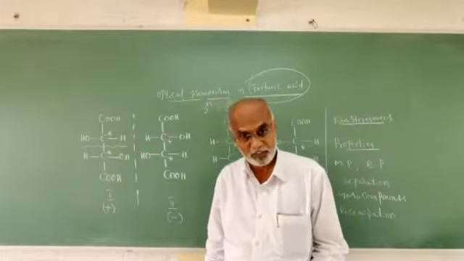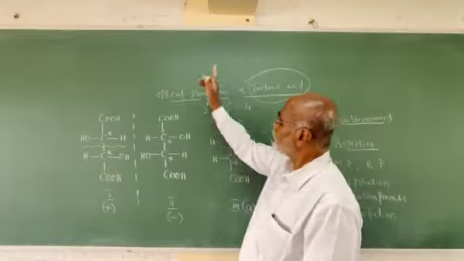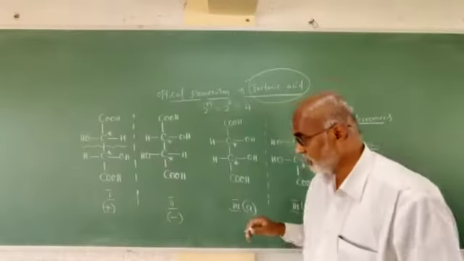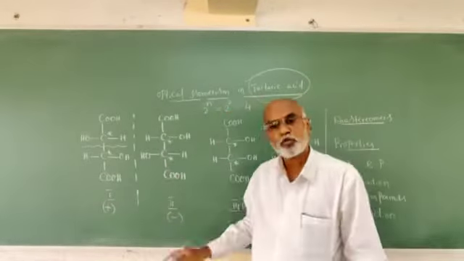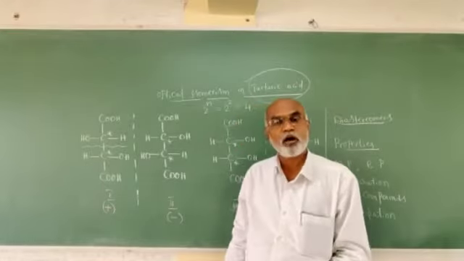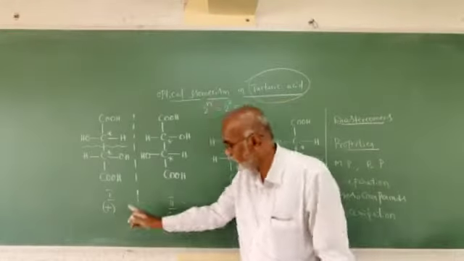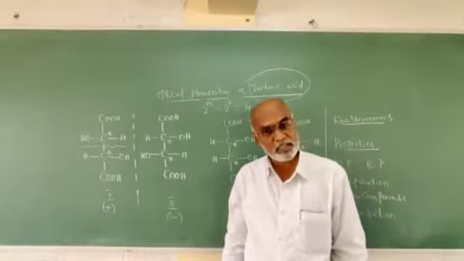non-superimposable mirror images. Okay. So, out of 4 different isomers of tartaric acid, structure 1 and structure 2 are both optically active, but they rotate the plane polarized light in opposite direction.